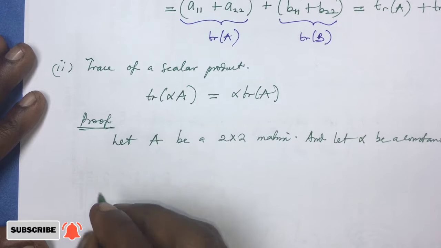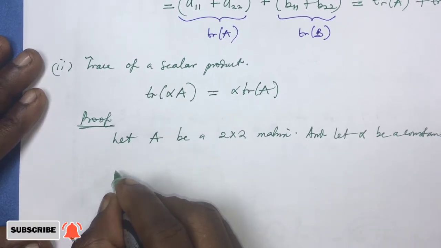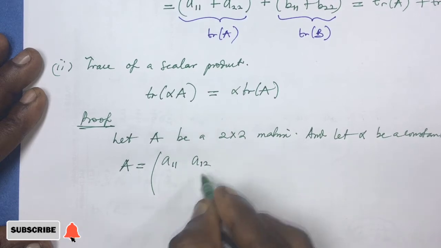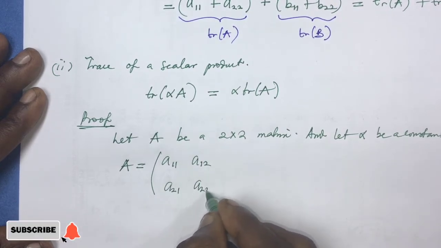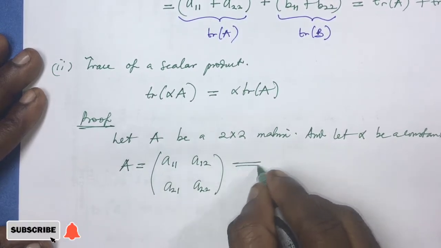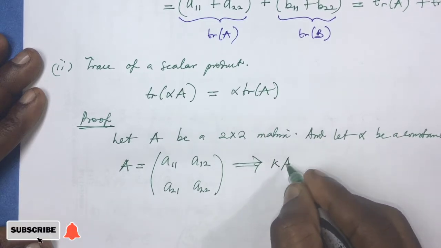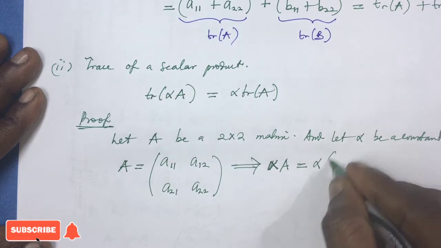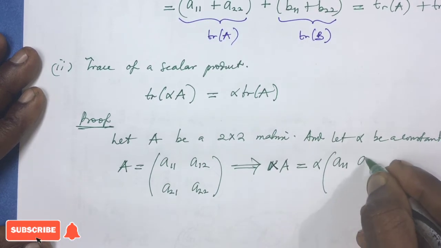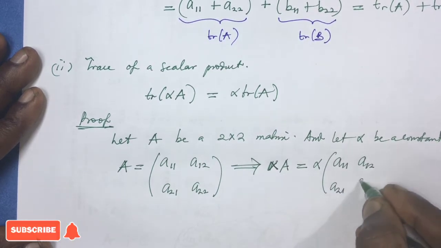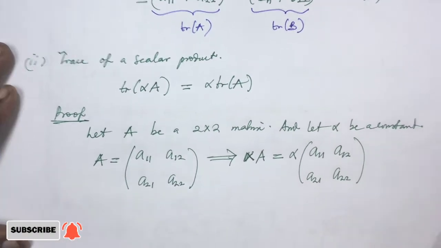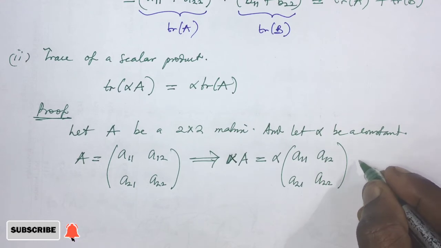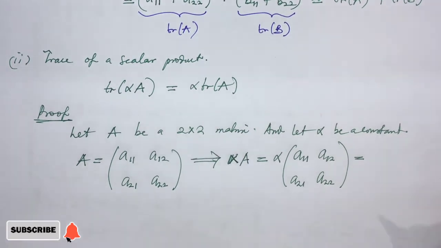Now it means that A can be written as A11, A12, A21, A22, like we did earlier on, from which it will follow that alpha A will be equal to alpha times the matrix A11, A12, A21, and A22.